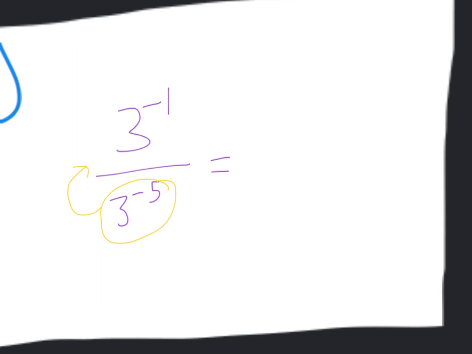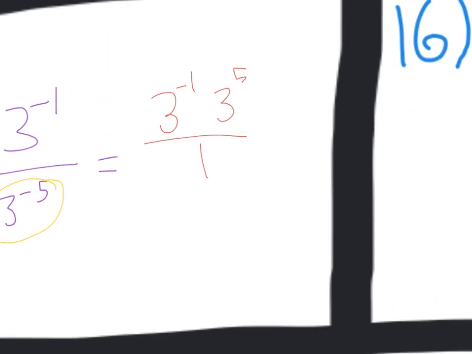3 to the negative 1 on top. Okay. And then I'm going to write 1 on the bottom, and now I'm going to move that 3 to the negative 5 up to the top. That will change it to a positive. All right, and then from there we can simplify. This is going to be equal to 3 to the negative 1 times 3 to the 5.